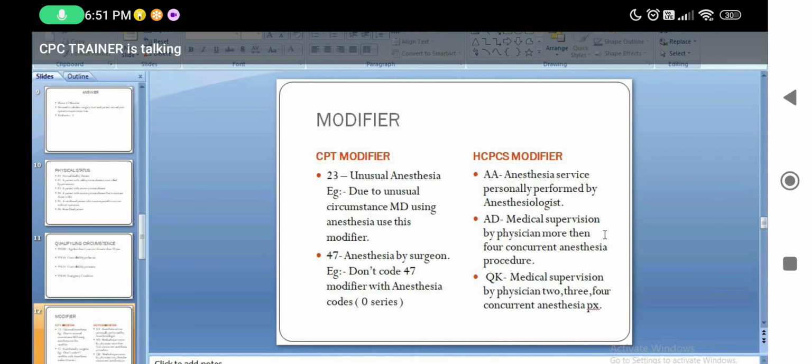That's all. And the next two modifiers, AD and QK. Guys, in the AD modifier, please underline the second line: more than 4 concurrent.